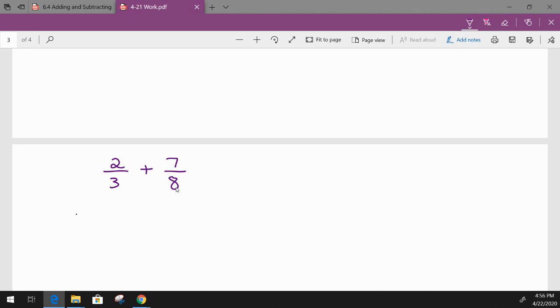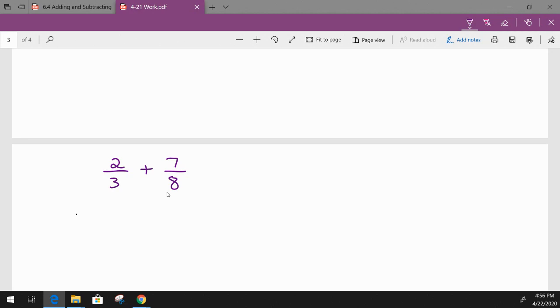So I'm going to go through a couple of these examples first to show you how to find a common denominator with these basic numbers before I show you how to do that with rational expressions. So your denominator in the first fraction is 3. The denominator in the second fraction is 8. So if you look at these two numbers, they do not have any common factors.